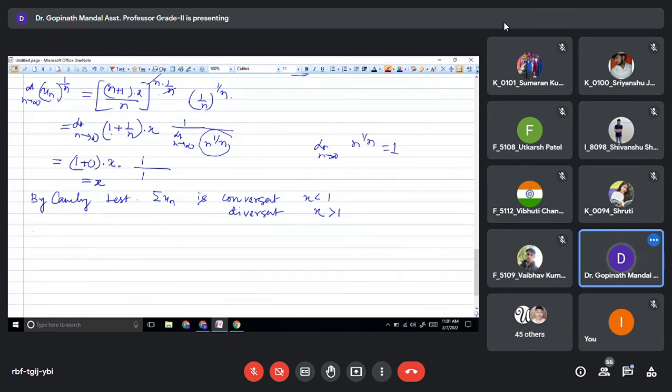But when x equal to 1, this test fails. When x equal to 1, this test fails. Now, when x equal to 1, we apply the comparison test.